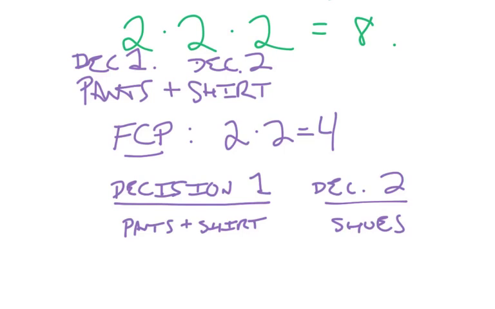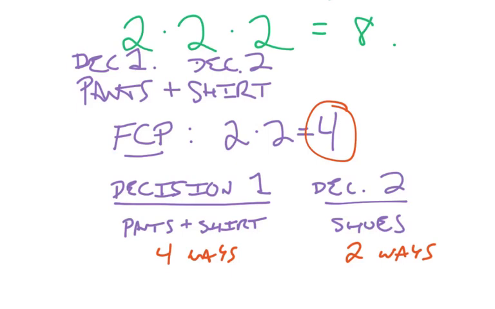Now, what we just saw is that we had 4 ways of choosing pants and shirts together. Right? There are 4 ways of doing this. And the shoes, well, we know that we only have 2 pairs of shoes, so there are 2 ways of choosing the shoes. So now I've got a decision, which is pants and shirts together.